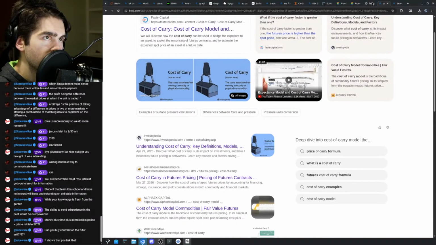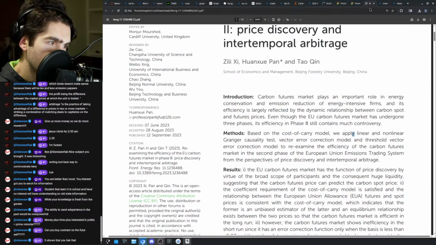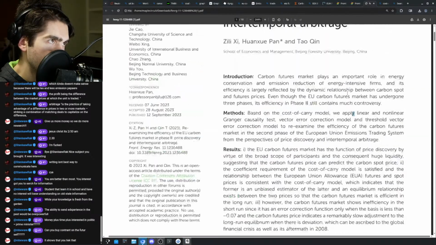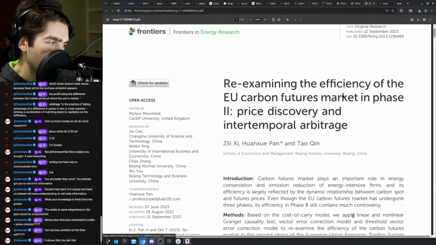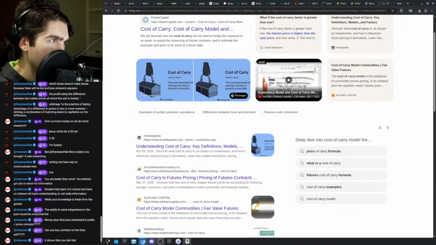Oh, fuck. Cost to carry? Did I invert it in my explanation? Based on the cost to carry model, we apply linear. Oh, I inverted it, I think. This image tells it all.